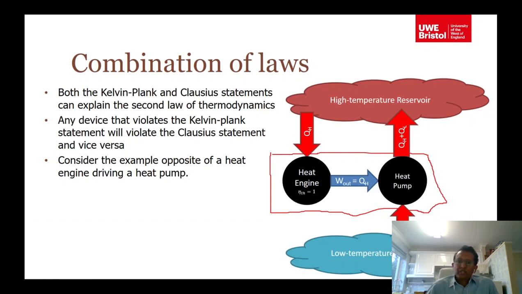So both the Kelvin-Planck and Clausius statements can explain the second law of thermodynamics. There are devices that could violate the second law. In this example, you have a heat engine that draws energy from a hot reservoir, does some work, and rejects some QL to the lower temperature reservoir.